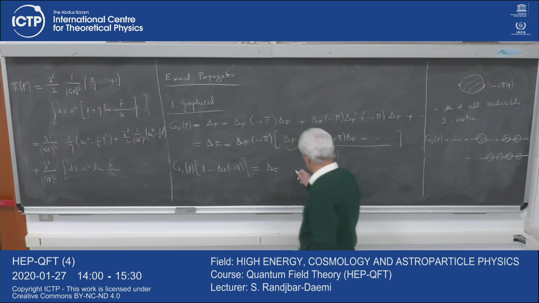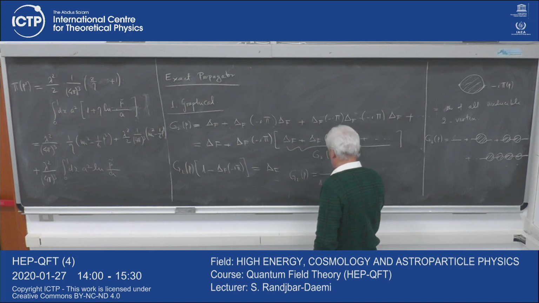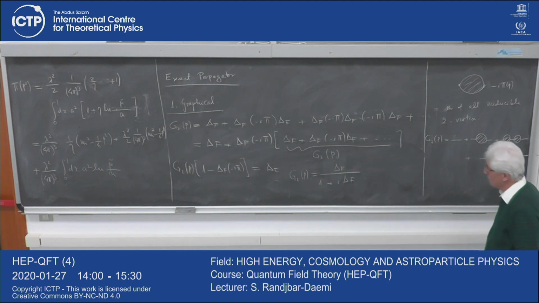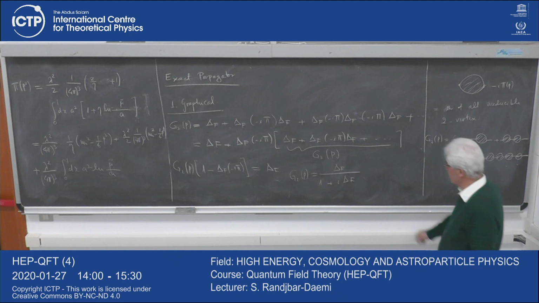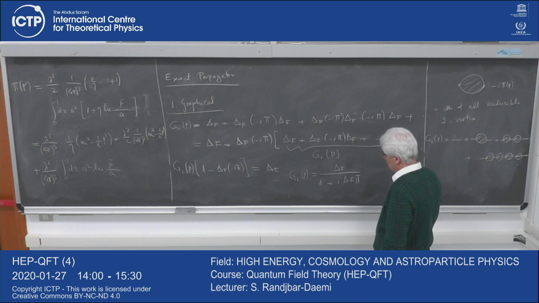Therefore, G2 of P equals this delta F divided by 1, that minus becomes plus, I times delta F times pi. Okay?